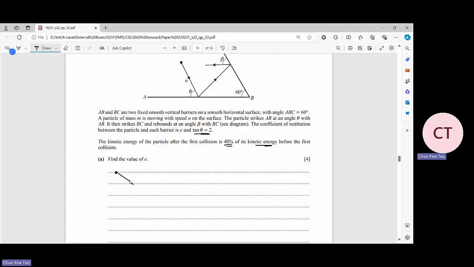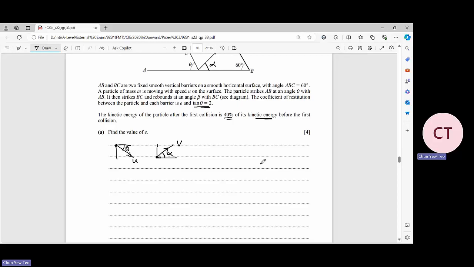This is before, theta, this is the u, and this is the after. I call this one v, the speed is v, and the angle alpha. That means I will assume that this is the angle alpha.